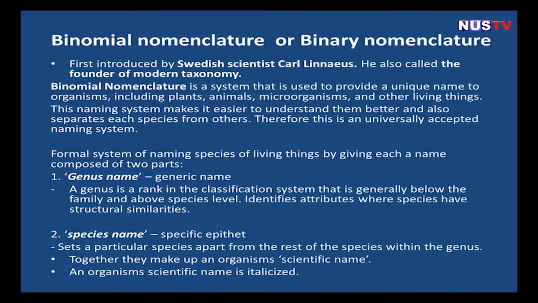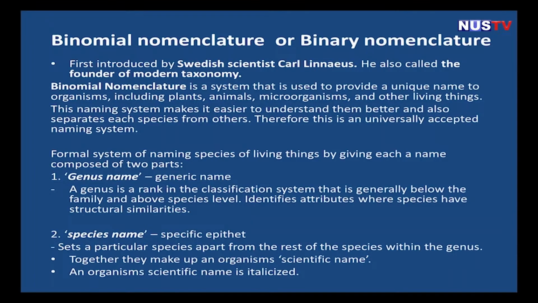The species name sets a particular species apart from the rest of the species within the genus. So together, the genus name and the species name make up an organism's scientific name. So all organisms or all living things have a specific scientific name.